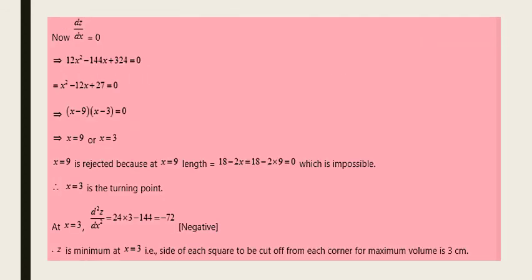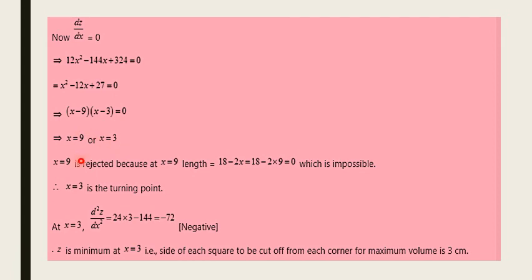So see how the x value is found. dz by dx is 0: 12x square minus 144x plus 324 equals 0. We can divide throughout by 12. So x square minus 12x plus 27 equals 0. (x minus 9) into (x minus 3) equals 0. x is equal to 9 or x is equal to 3.